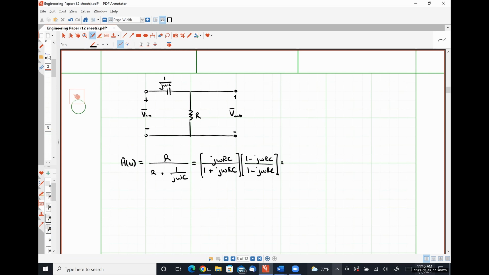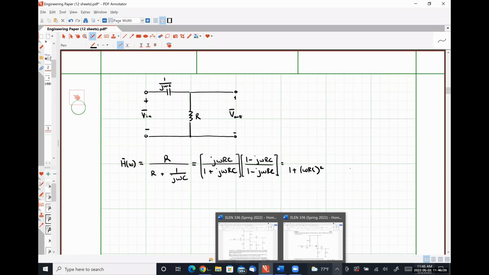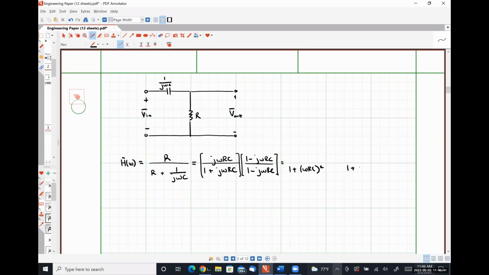And so what that is going to give me is a denominator of 1 plus omega RC quantity squared. And what the heck just happened? I'm going to write that down again over here because I'm just going to go ahead and split it up into its constituent parts here in one go. Okay.